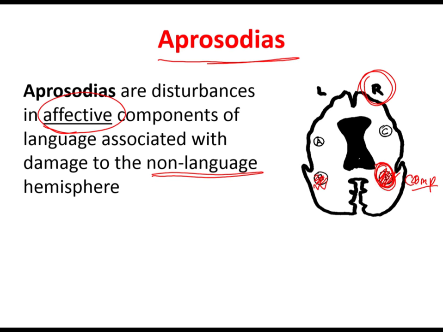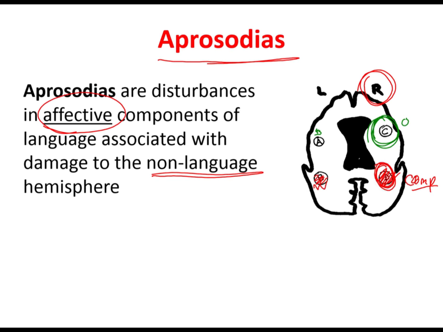Now what's happening in this area, the operculum in the non-language hemisphere? And here we can basically go to area C, the non-language hemisphere, the operculum. Well, we know that Broca's area is the verbal output, the ability to say the difference between yes and no. Well, in the non-language hemisphere, area C, the operculum, is where your ability to produce the emotional output occurs.